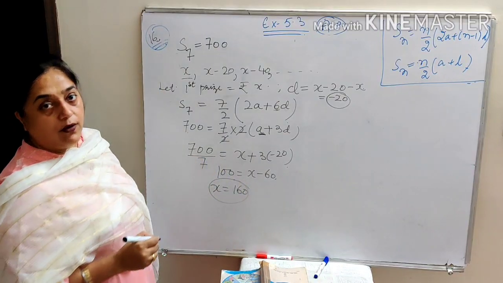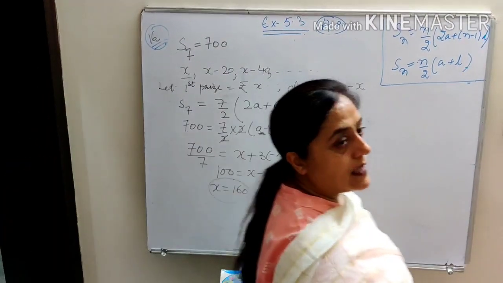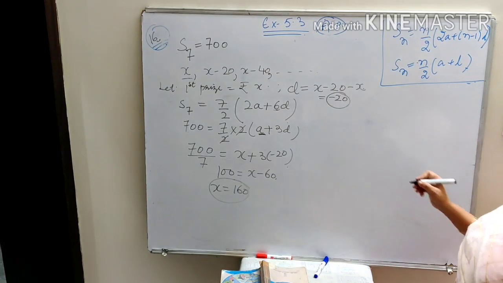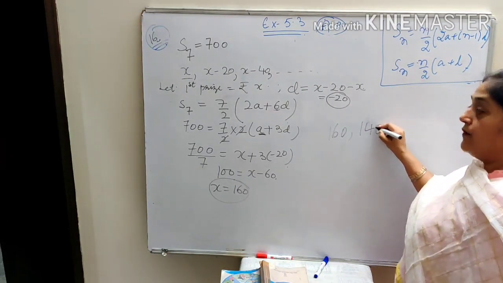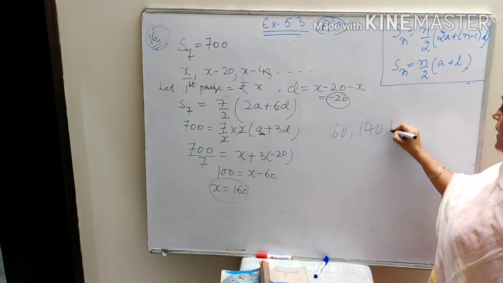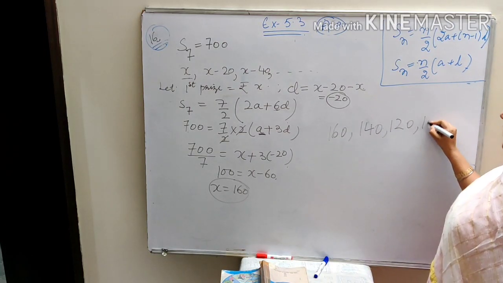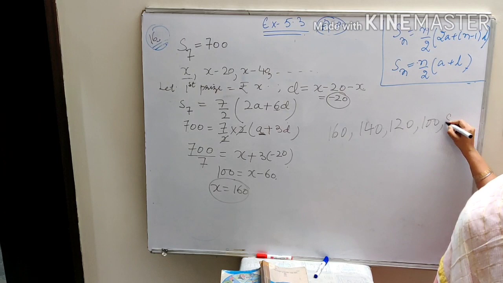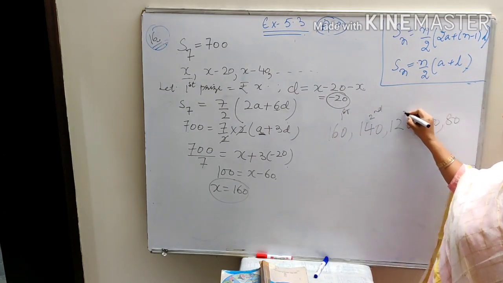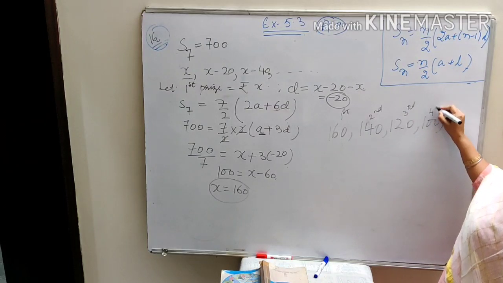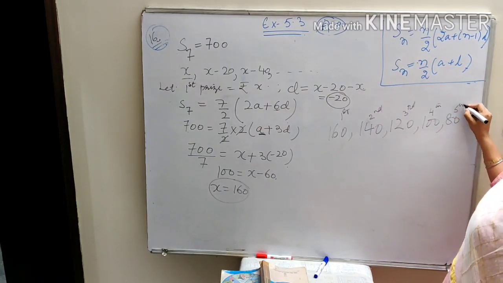So what is the value of the first prize? First prize comes out to be rupees 160. Then next how much will it be? It will be 20 less, 140. Third what will it be? It will be 120, 100. Then it is 80. This is first prize, second, third, fourth, fifth.